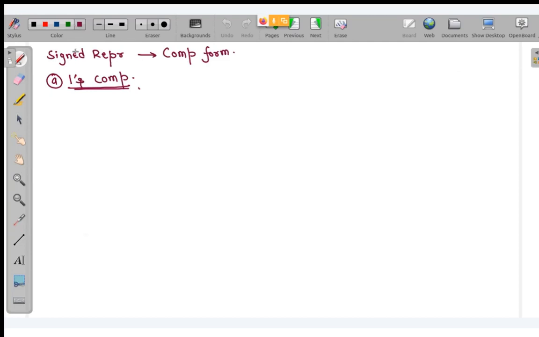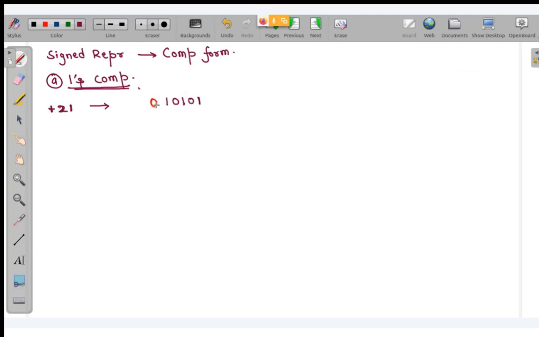Now look at what we do in ones complement. Suppose I want to represent plus 21 in ones complement in signed representation. So this will be like this, along with the sign bit. Now if I want to represent minus 21, look very carefully, in ones complement representation, the positive number is the same.